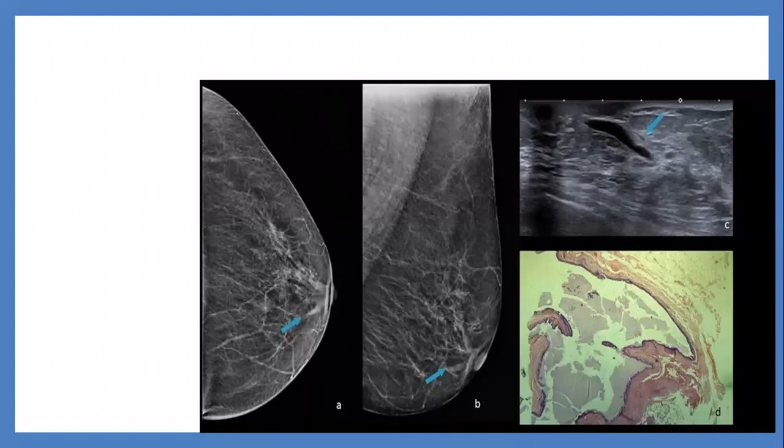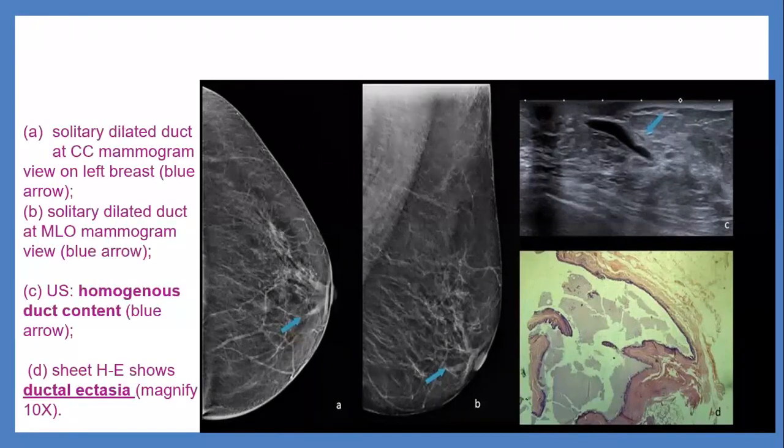Ductectasia, or the single or solitary dilated duct. Yeah, ductectasia. So the diagnosis will be ductectasia, BI-RADS 2, because it is clear. It is homogeneous content, clear, low or echo-free. So it is just a solitary ductectasia. So this will be BI-RADS 2 in this case. Yes. Okay.